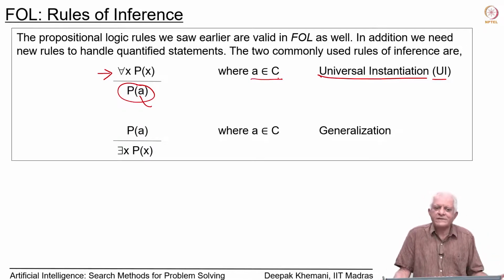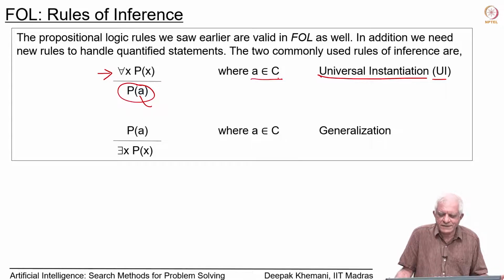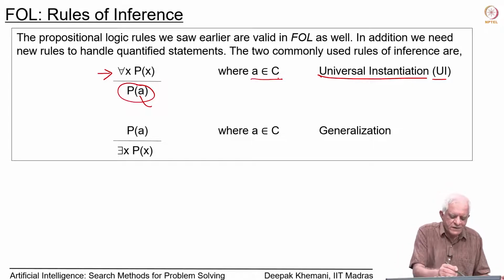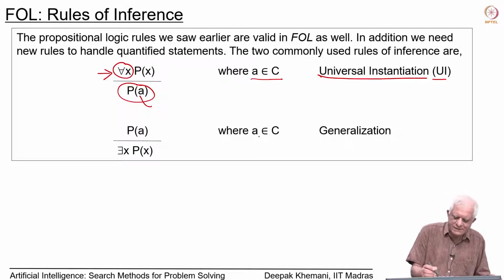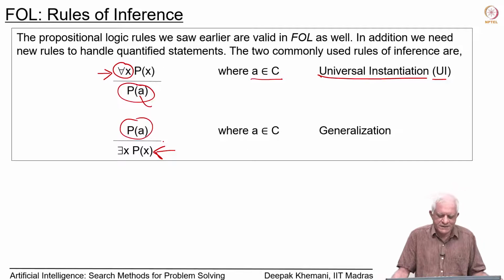Now, obviously, you can see this makes sense, because when you say for all x P x is true, that means you take any element from the domain and it must be true. So, in particular, if you take any particular element A, it must be true for that. And the converse in some sense is that if you know that P A is true, then you also know that there exists an x such that P x is true.